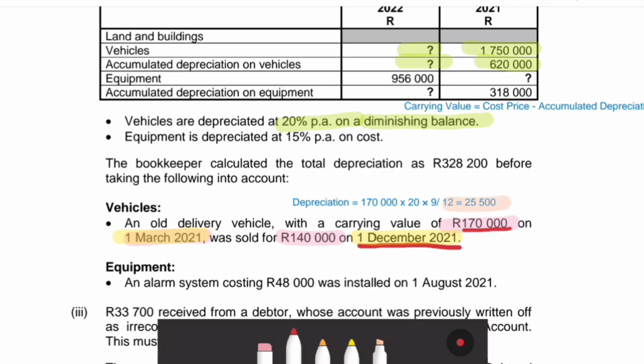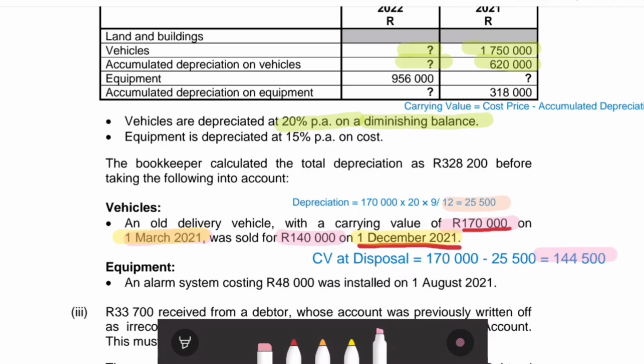We need to subtract it from the 170,000 to get the actual book value at the point of sale. The book value of this old delivery vehicle at the point of sale is 144,500.